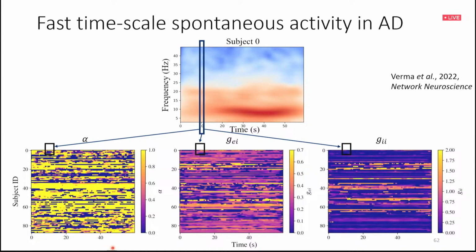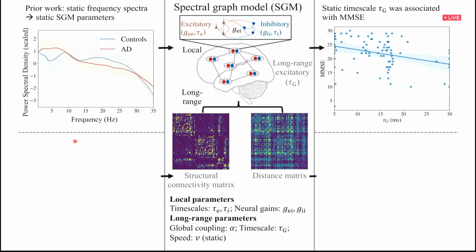So the x-axis here is time in seconds. Every row here corresponds to a subject, either healthy or Alzheimer's disease, and the color tells you the intensity, the value of that parameter. So basically, by doing this dynamic model fitting, you get a dynamic profile of how the model parameters look. So to recap, what did we do previously?